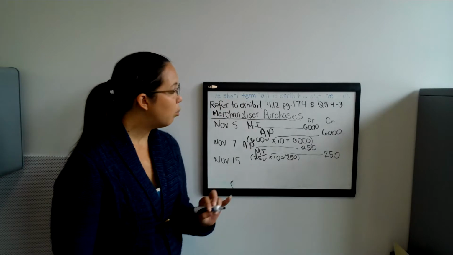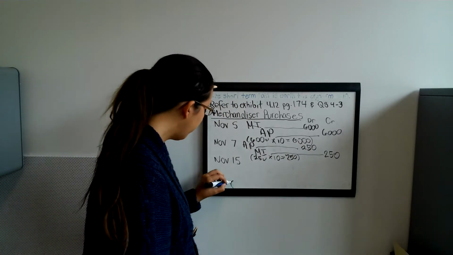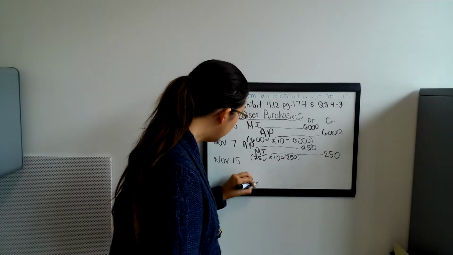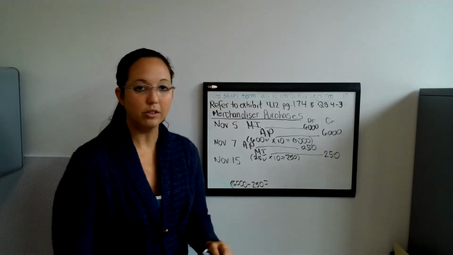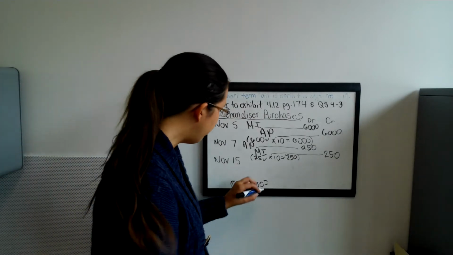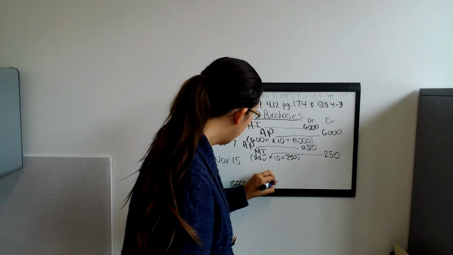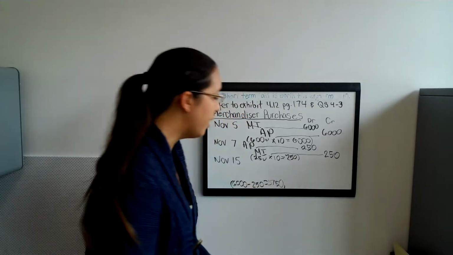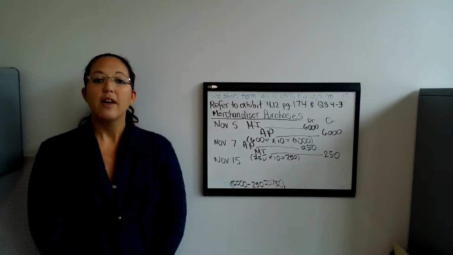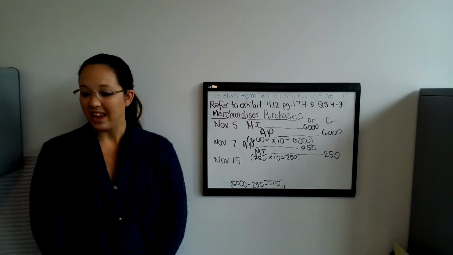So we would do the 6,000, sorry, minus the 250. So 6,000 minus the 250, all right, which should get us 5,750. It's from the 5,750 that we are going to take the discount.